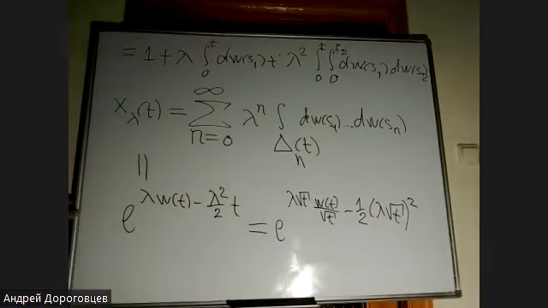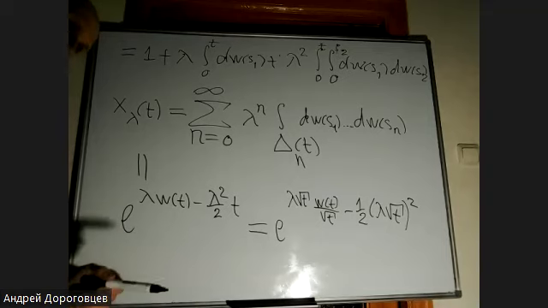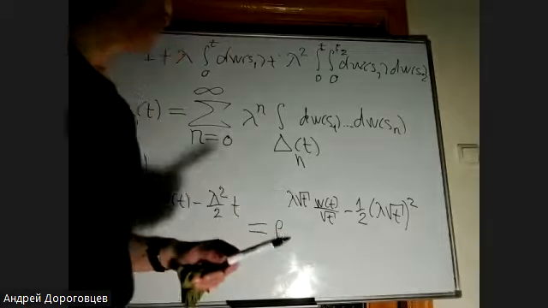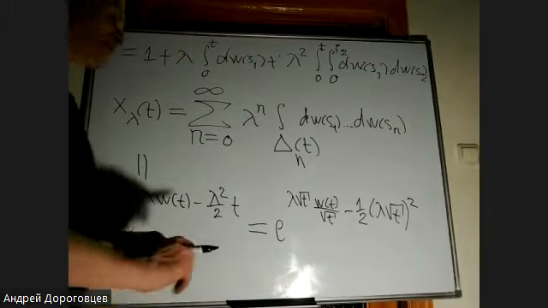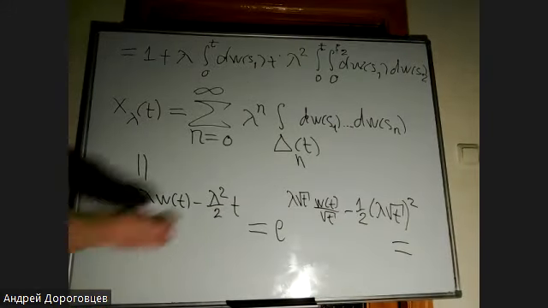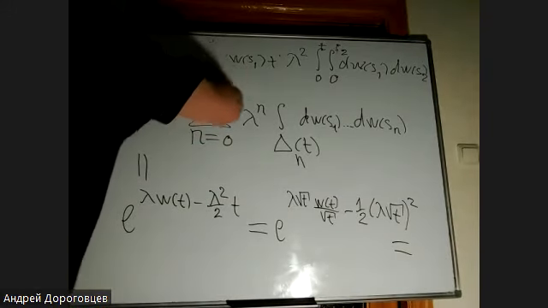Now we are ready to apply the fact that this is a purely Hermite polynomial generating function, and continue to write our formula and get the following series.